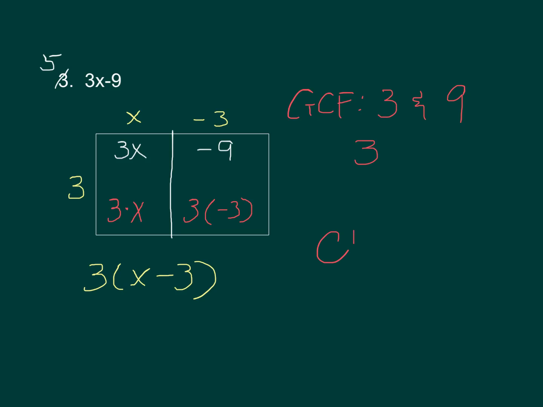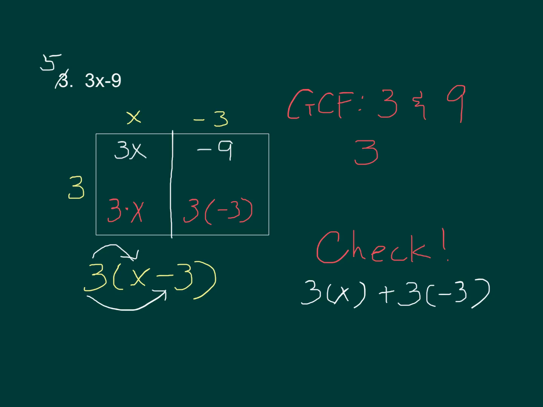And remember, you always want to check your answer. So let's check that. If I do 3 times x, and then 3 times negative 3, 3 times x will give me 3x, and then plus 3 times negative 3 is negative 9.